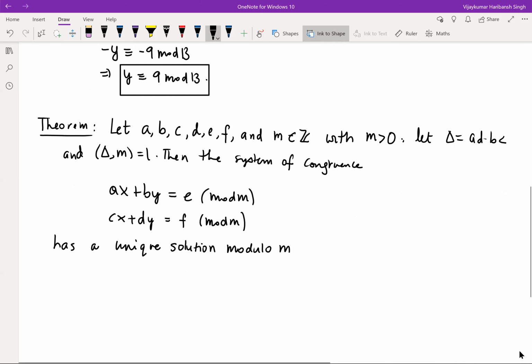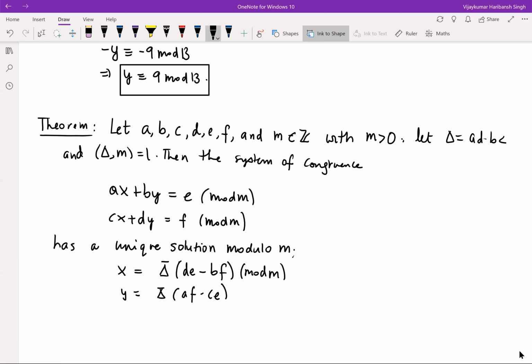And not only that, it's given by x equals delta bar times (DE minus BF) mod M, and delta y equals delta bar times (AF minus CE) mod M. Okay.